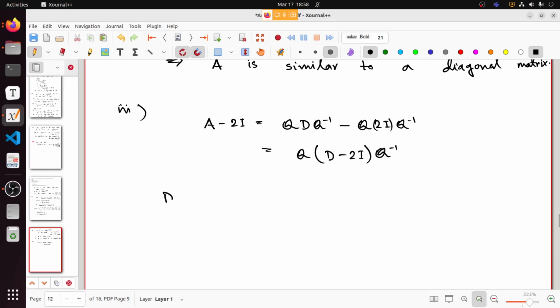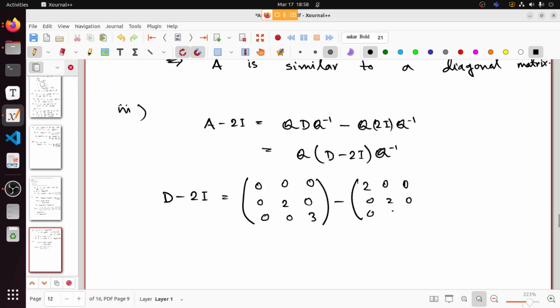So what is D minus 2I? D is [0, 0, 0; 0, 2, 0; 0, 0, 3] minus 2I, which is [2, 0, 0; 0, 2, 0; 0, 0, 2]. So D minus 2I will be [minus 2, 0, 0; 0, 0, 0; 0, 0, 1].